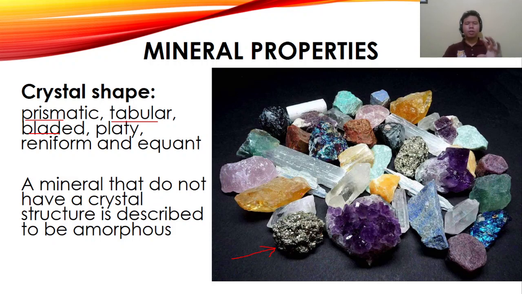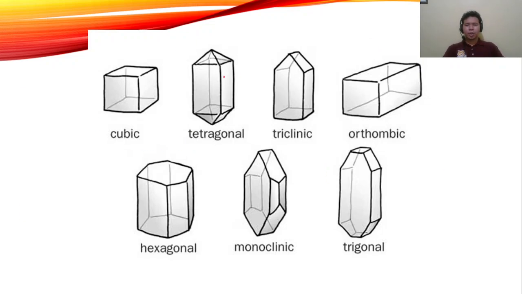It's more of a rock-like structure, so it's considered to be amorphous. Its shape is irregular. Here we have different crystal forms or habits: cubic, tetragonal, triclinic, orthorhombic, hexagonal, monoclinic, and trigonal. These are some of the crystal forms found in minerals.